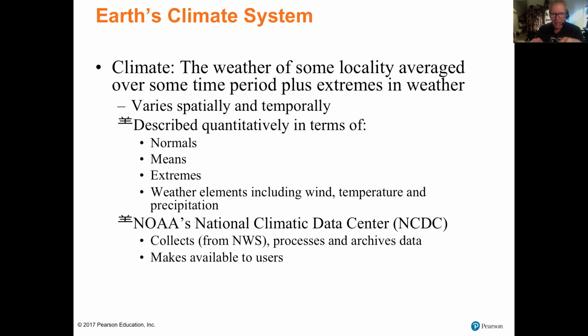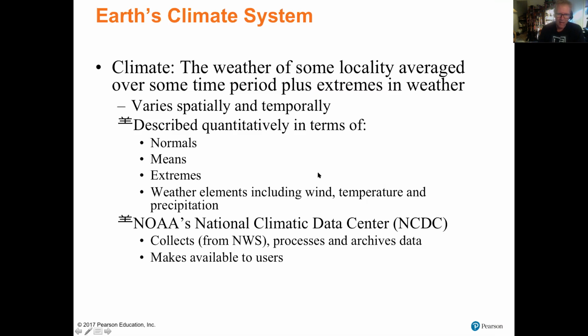Okay, and so you can look at it quantitatively in terms of what we call the normal, the means, and the average, and then the extremes, the highs and the lows. You have to remember too, there's the high and the low. The difference between those is what we call the range. So if the high is 80 and the low is 30, 30 from 80 is 50. That's the temperature range.